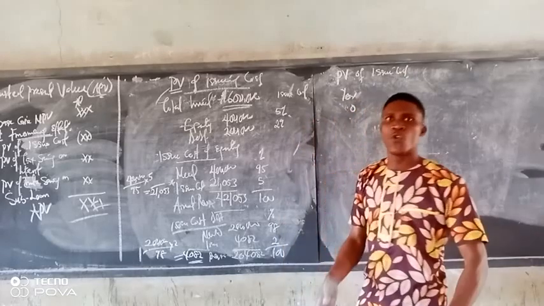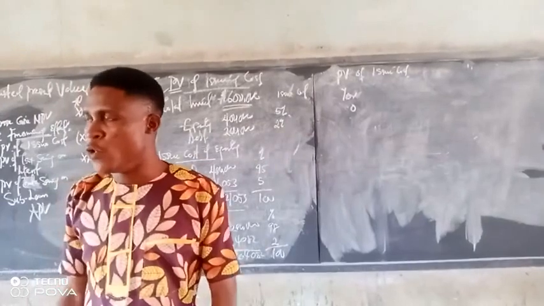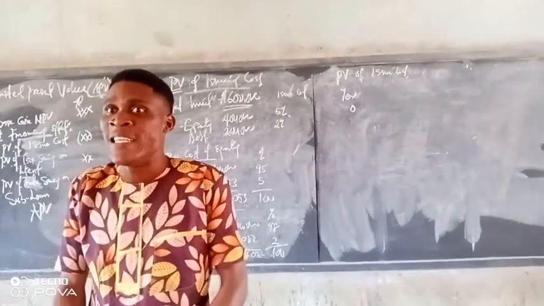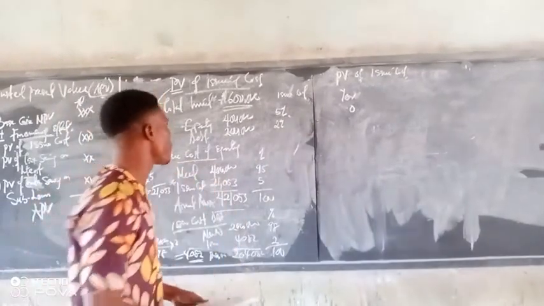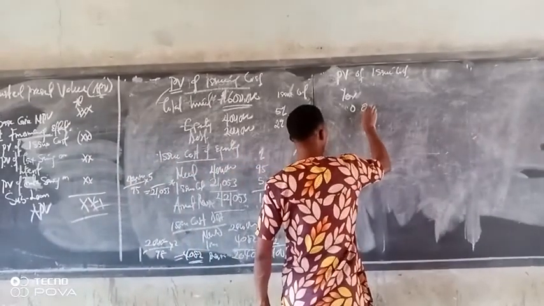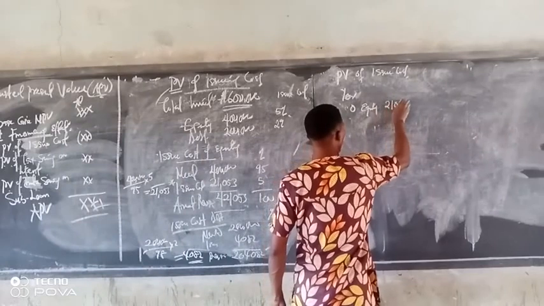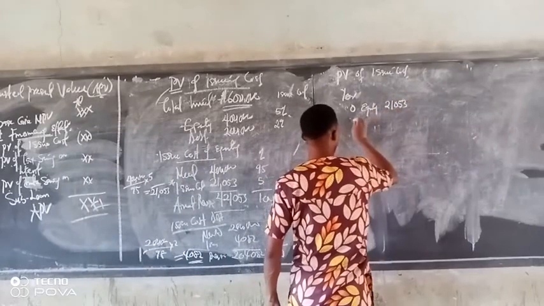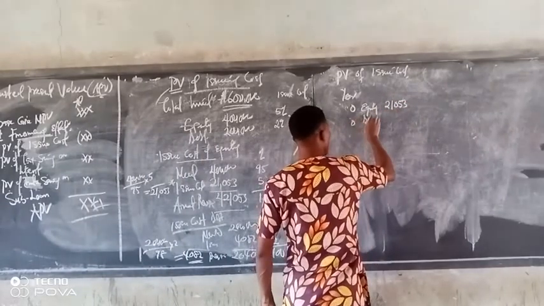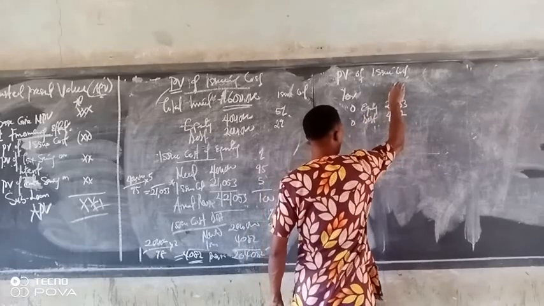Now, because you are going to issue it at the beginning of the project life, which is year 0. EU cost for equity is 21,053 at year 0. For debt also, it is 4,082 at year 0.